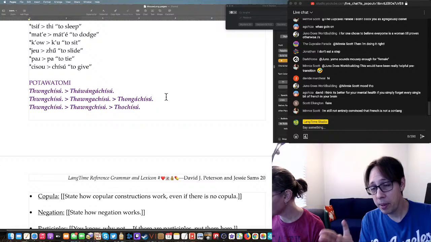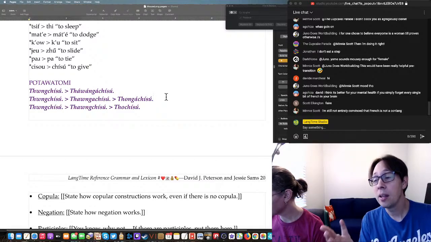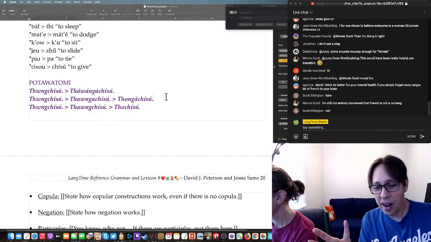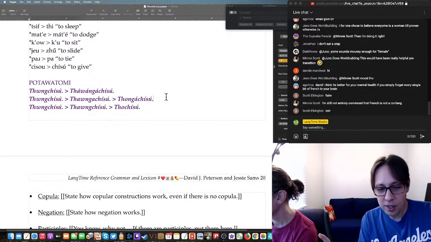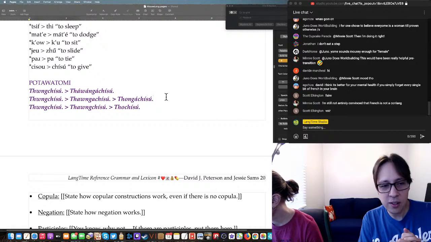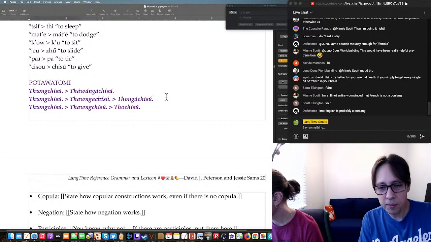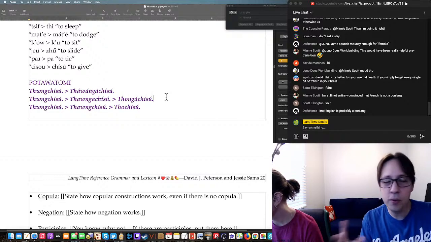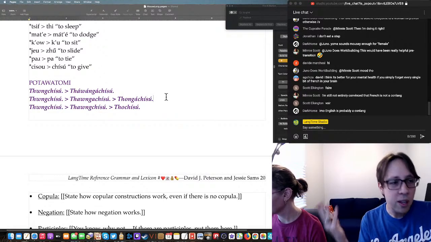So, je ne vois pas la chaussette. I don't see the shoe. And it's not, I don't see any shoes. It's just, I don't see the shoe. And so if somebody says, vois-tu la chaussette? Or, if you do the other one, est-ce que vous voyez la chaussette?